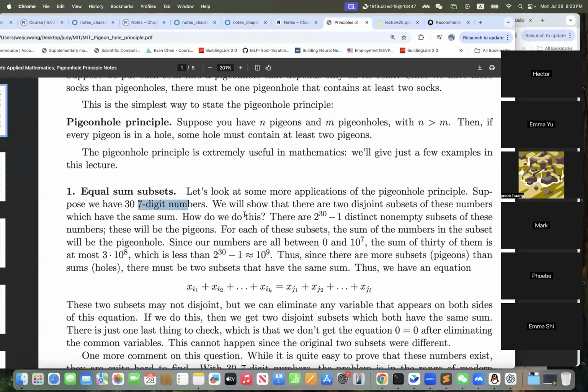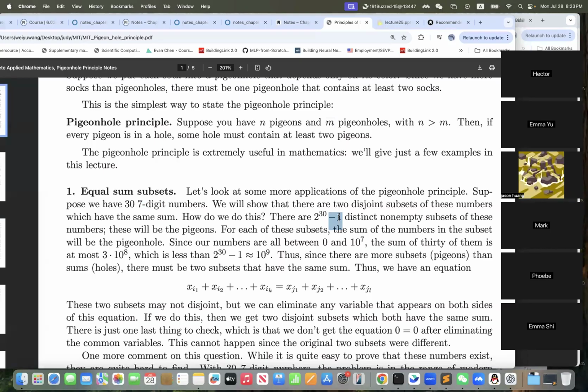Because there are 30 numbers, you have 2 to the 30. But I don't know what to do with the minus 1. So why do we minus 1? Maybe Mark, can you answer why we minus 1 here?